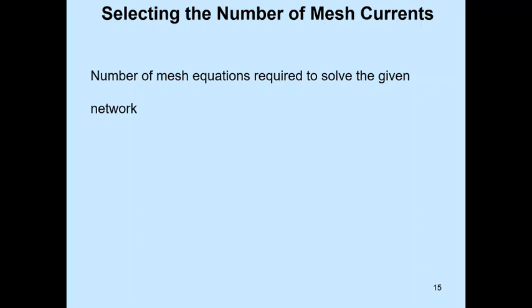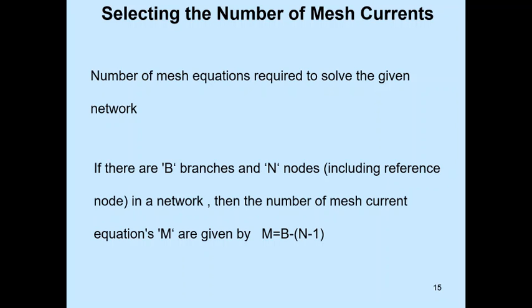So, the number of mesh equations required to solve the given network. This is how many equations are required to solve the network. If there are B branches and N nodes, including the reference node, where the number of branches is called B and the number of nodes is N in a network, then the number of mesh current equations M is equal to B minus N plus 1.